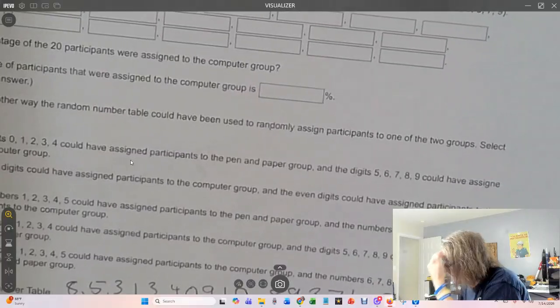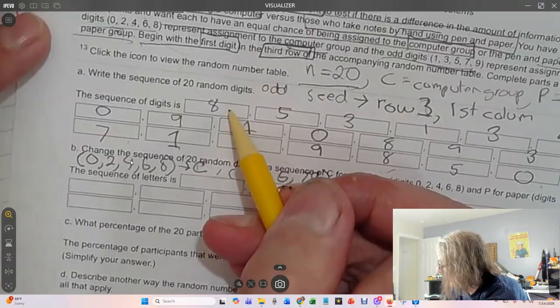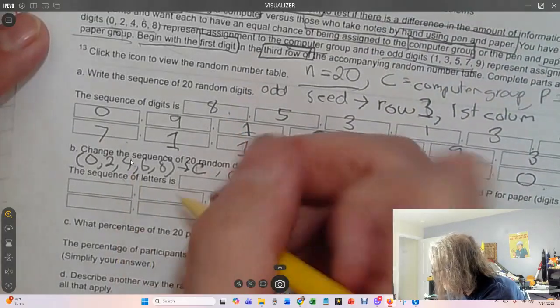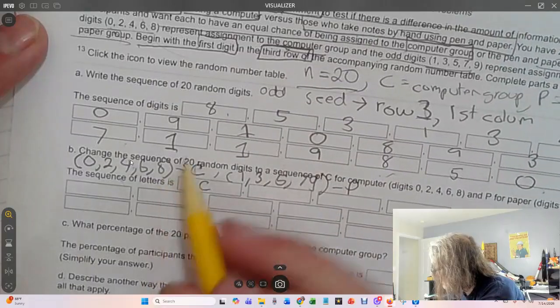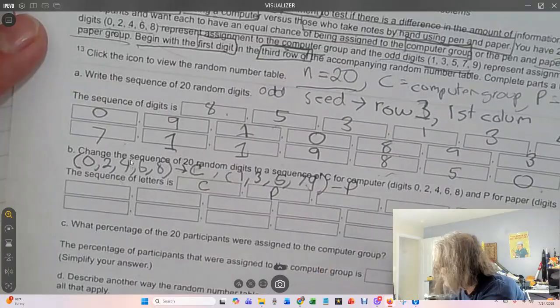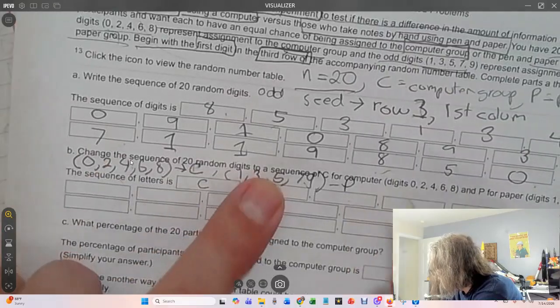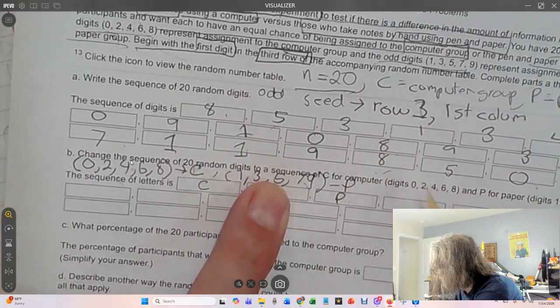So now, if we look, 8 falls into here, so it's a computer. 5 falls over here, so it's paper. 3 falls over here, so it's paper.